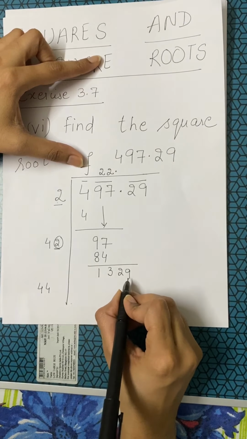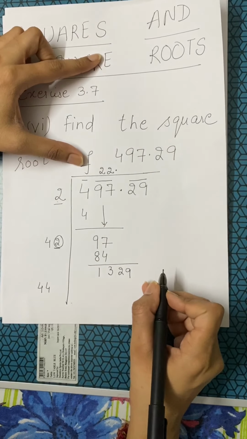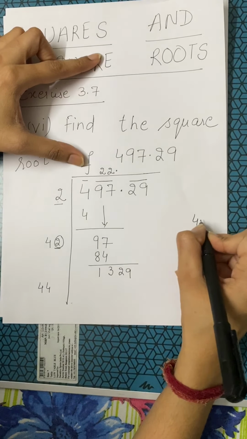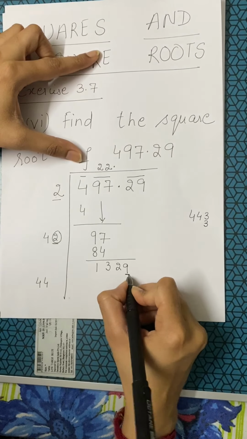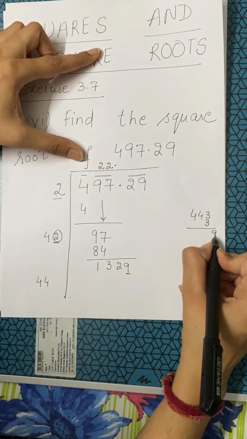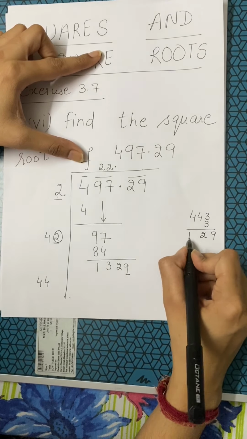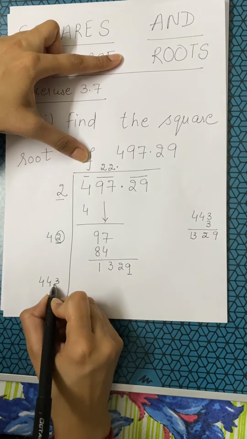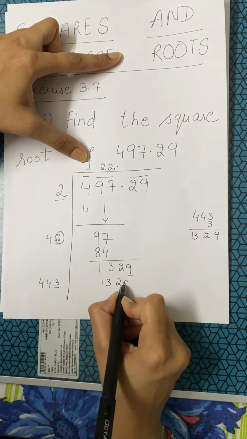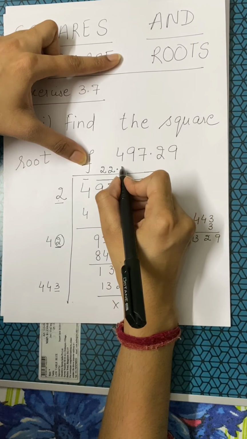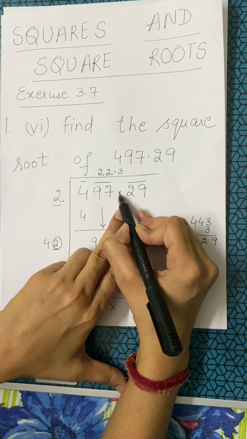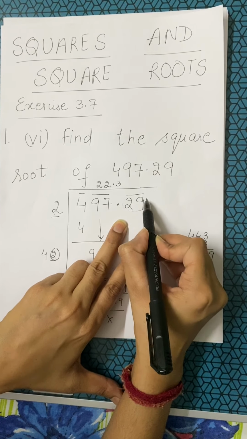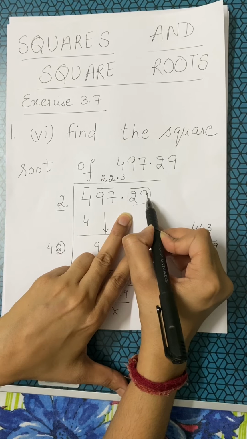Now 1329. I will check this number, whether it is a multiple of 4. Let's try with 3, because the number is ending with 9 here. 3 times 3 is 9, so we get this 3 here. That means for 1329, I will write 3 here, with a decimal before it because 29 is written after the decimal.